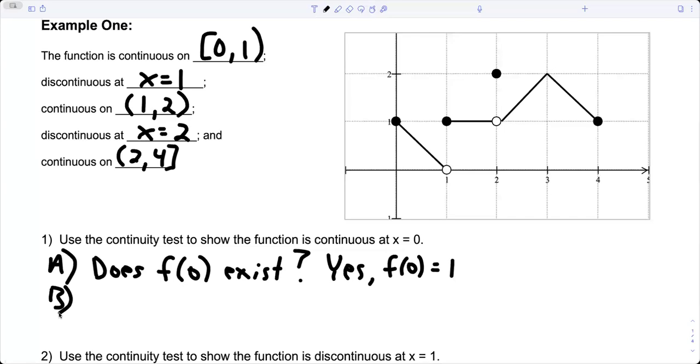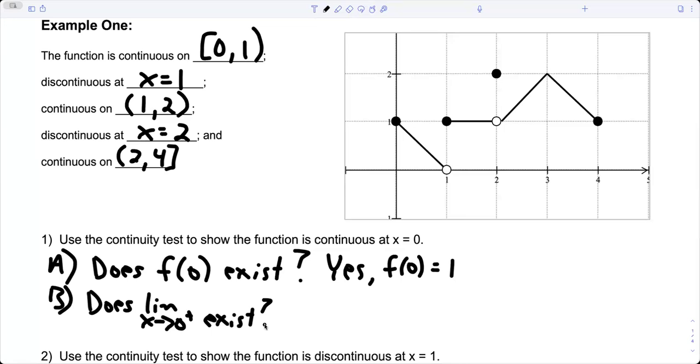And so I'm going to check the limit, but I'm only going to check the one-sided limit since it is an endpoint. So I'm going to say, does the limit as x goes to 0 from the positive side exist? Okay, so I'm on the function, I'm coming from the positive side, I'm getting closer and closer to 0 from the positive side.